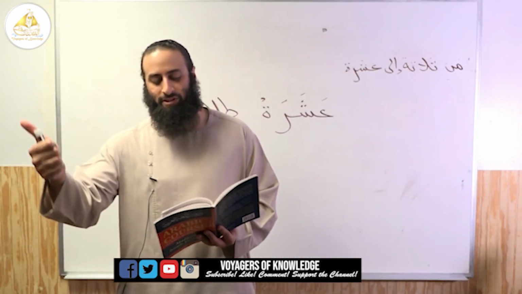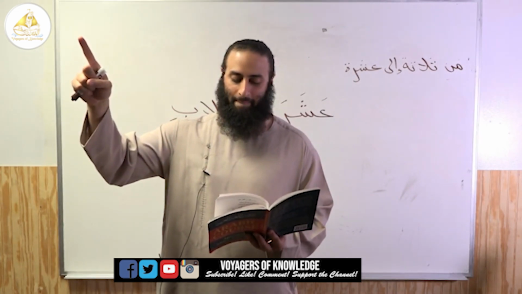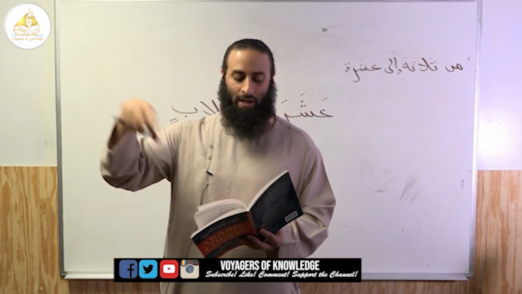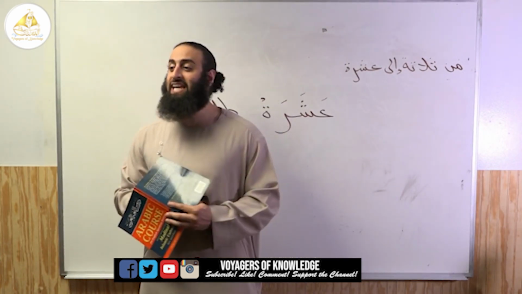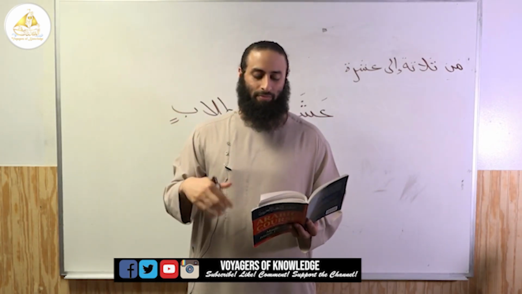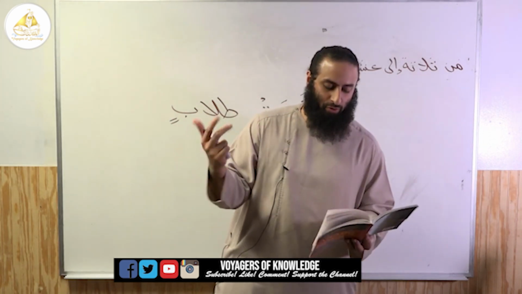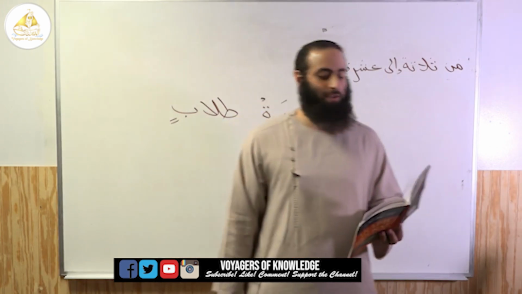New words. Thaman, what does it mean? Value. Nisfun, half. Al-yawmu, day. Ayyamun, that's the plural, days. Second line. Al-riyalu, one currency of riyal. Riyalatun, plural of riyal. Al-qirshu and qurushun, just a different type of currency.